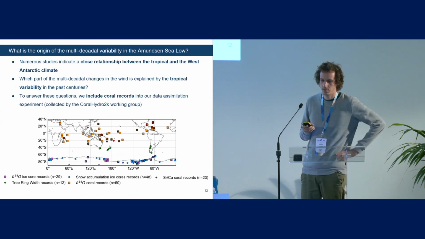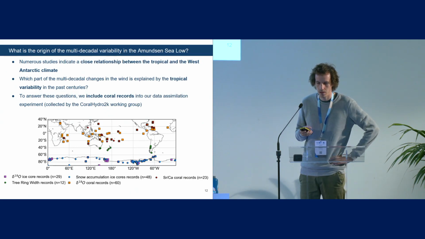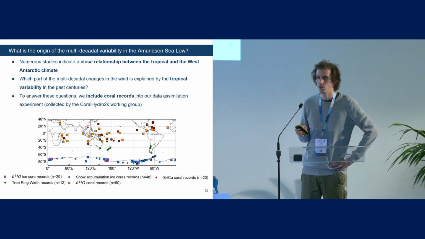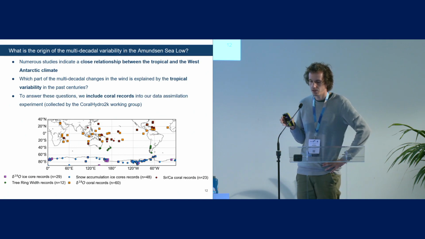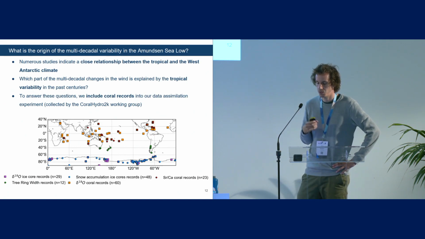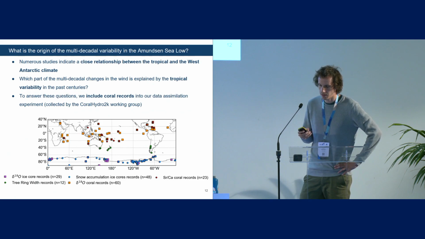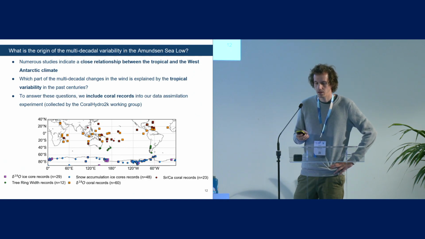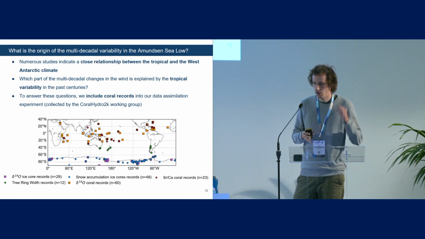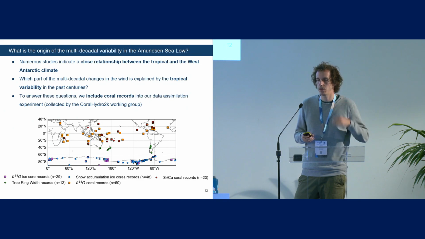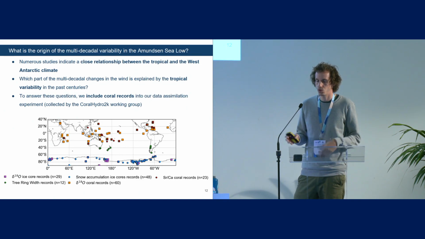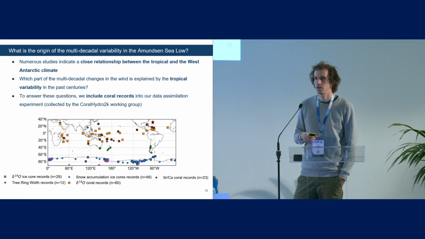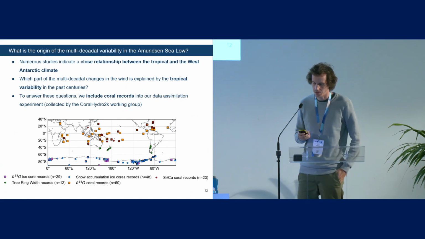Over the past decade, numerous studies indicate a close relationship between the tropical variability, especially in the Pacific, and the West Antarctic climate. But most of these studies are based on instrumental observations, so they can only look at the year-to-year variability, which limits us in studying the multi-decadal variability.